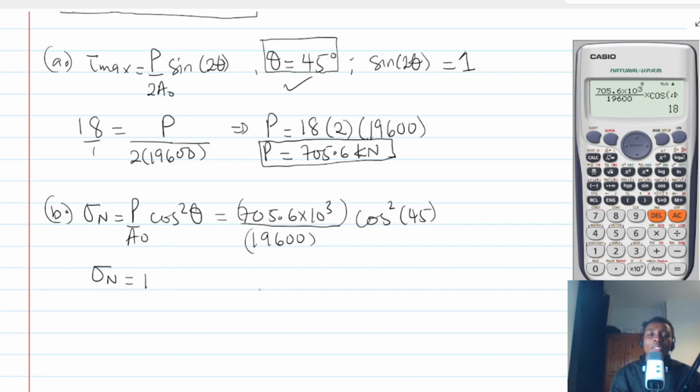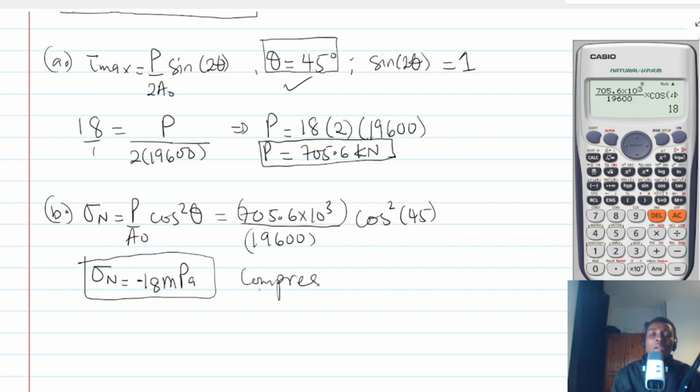So that is interesting. 18 megapascals, but it's actually going to be negative because it is a compressive stress. So the answer is minus 18 megapascal. That is the compressive stress.